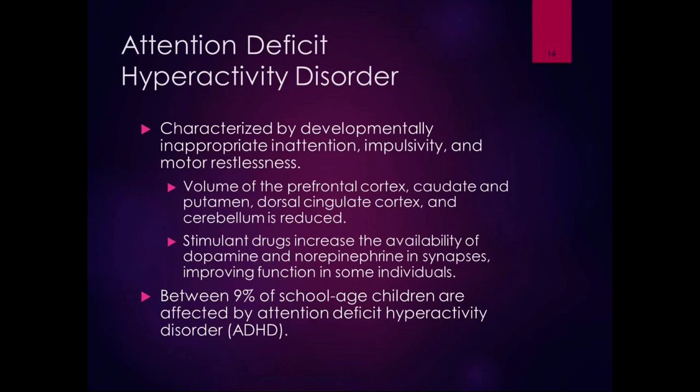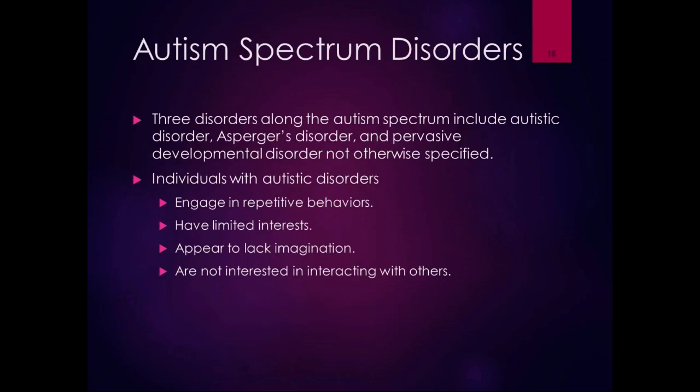The caudate and the putamen are part of the basal ganglia, where dopamine and norepinephrine are created, and the dorsal cingulate cortex and the cerebellum. So it's actually a physical defect that causes ADHD.